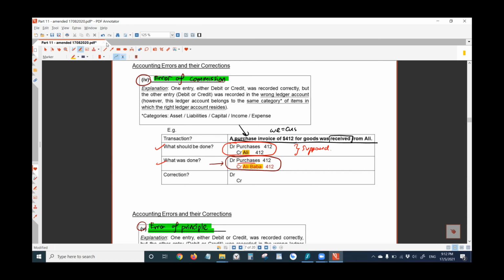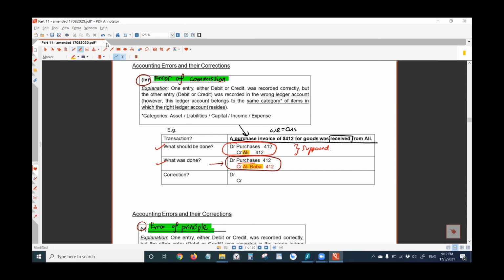Keep it in your mind first. Now I explain the error of principle, then you can make a comparison. For now, take it as it is: error of commission is when both the wrong and correct account belong to the same category. Like in this case, Ali is a person's account, Alibaba is also a person's account. So we call this error of commission.